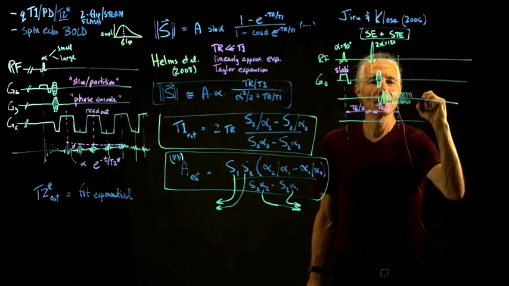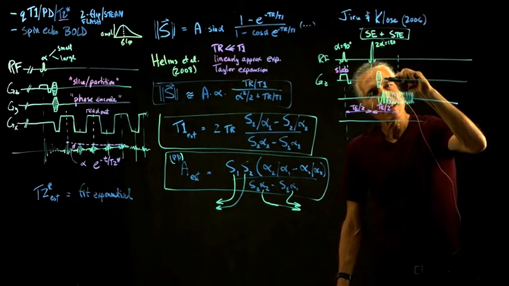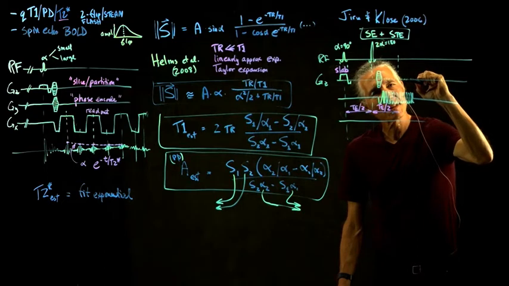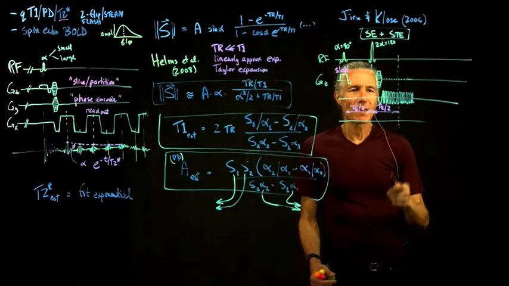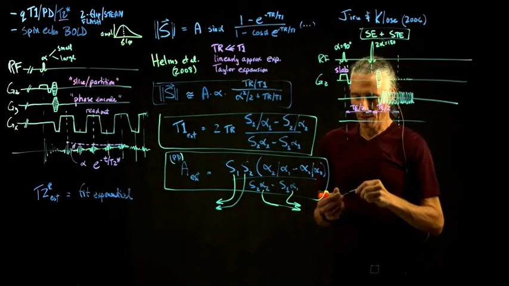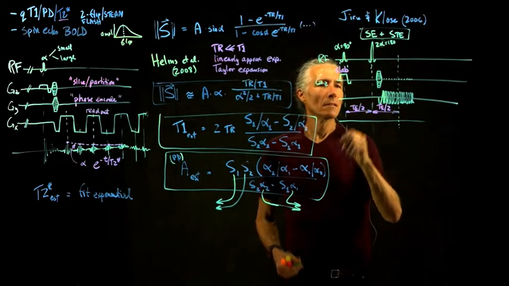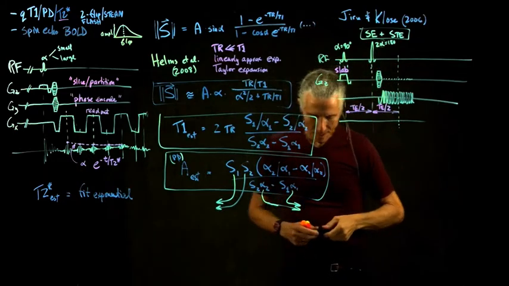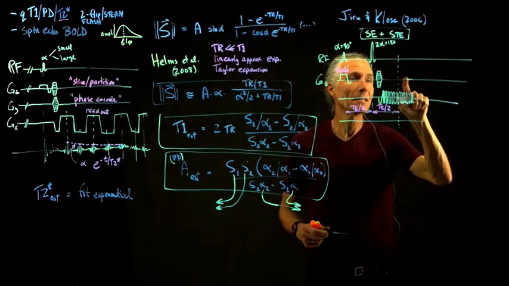That's our echo planar readout. Then we've got a whole bunch of little blips up here, each time you cross. We set it up so that we go through the center of K-space when the echo occurs. Oh darn, I put the blips on the wrong line.